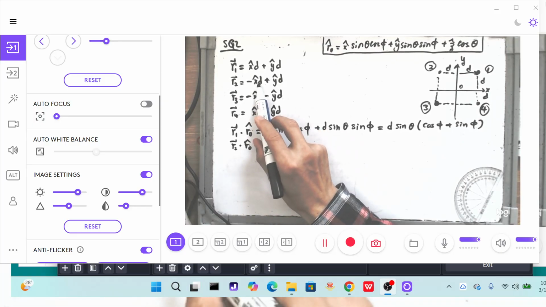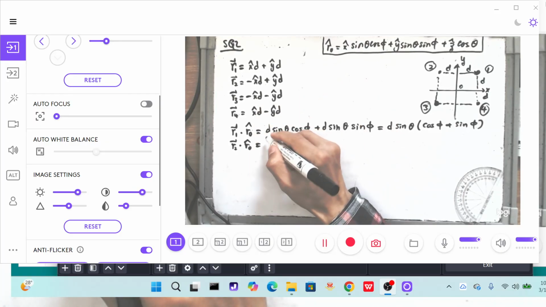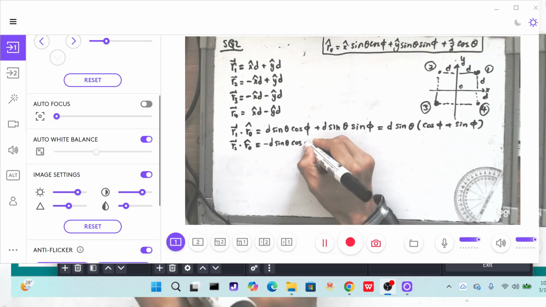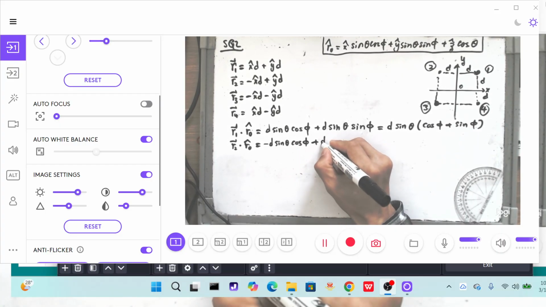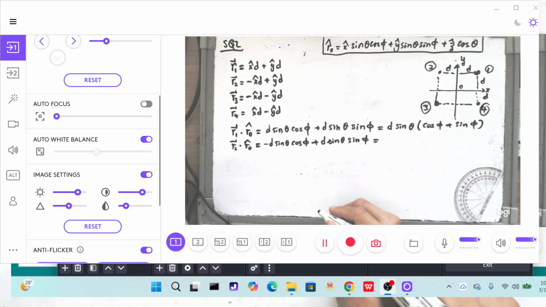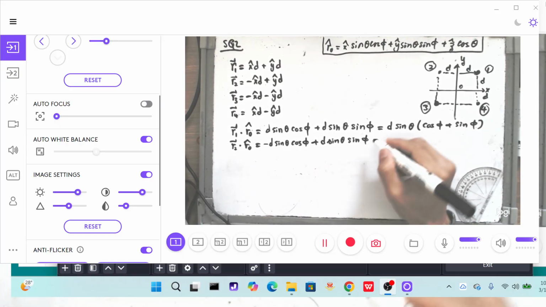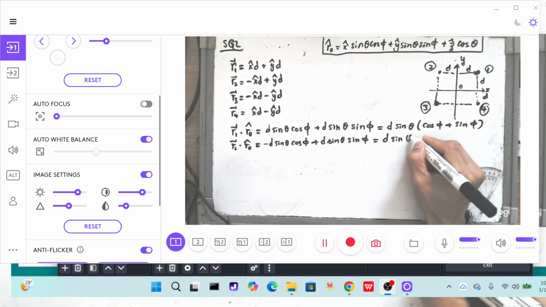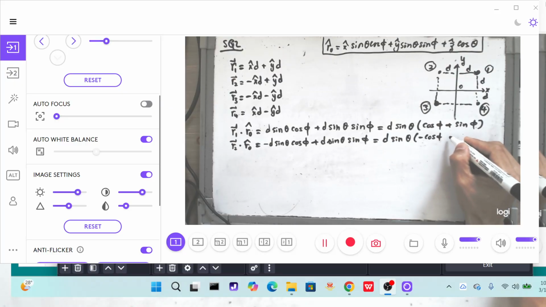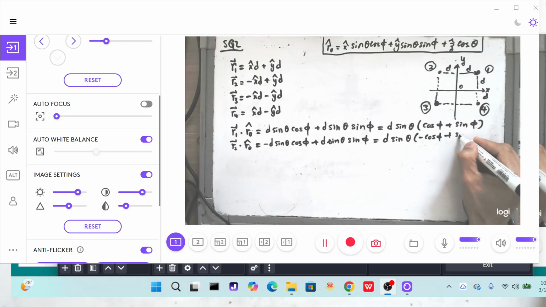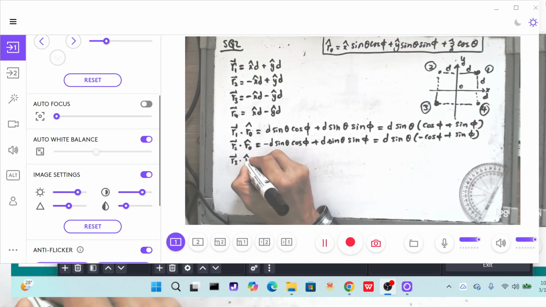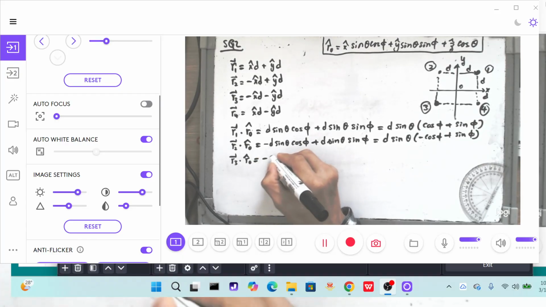So in this case, as you can see here, we can say minus d sine theta cosine phi, and then plus d sine theta sine phi, and then we can continue, d sine theta, and then minus cosine phi plus sine phi.